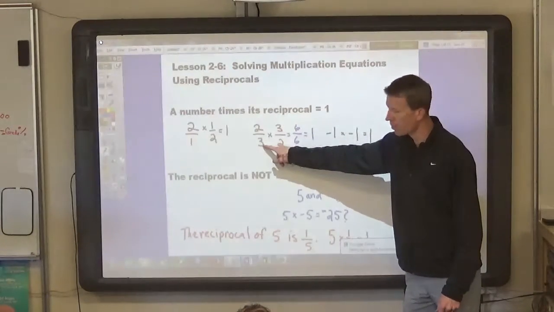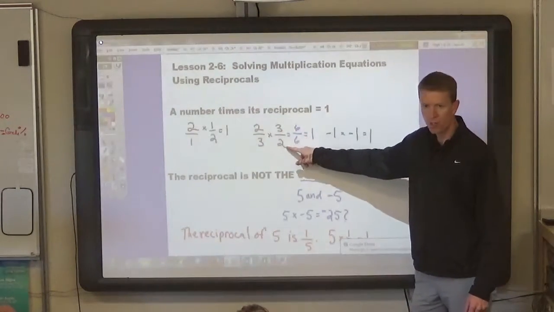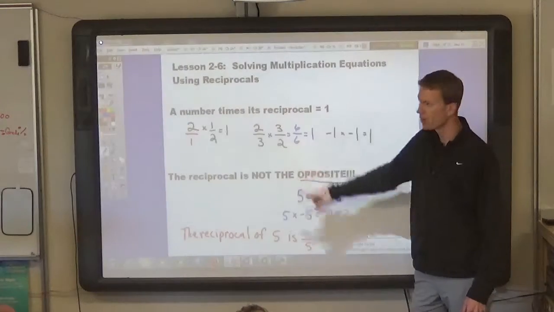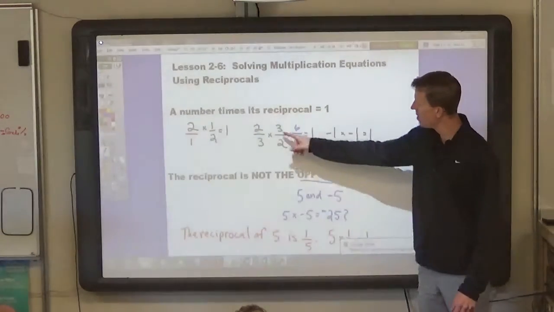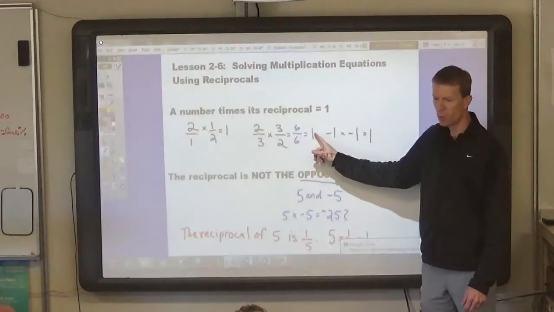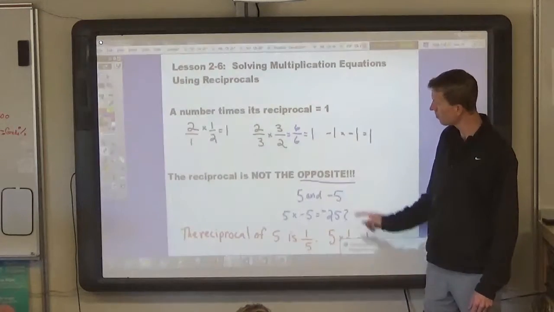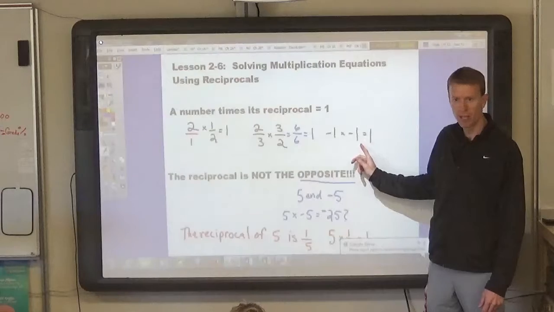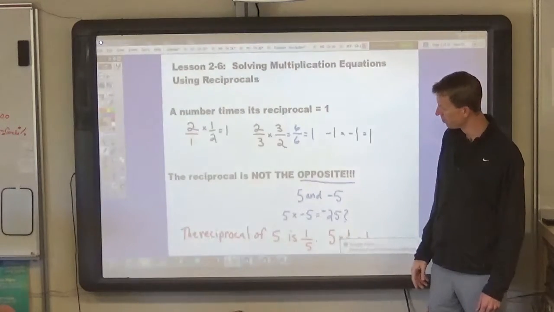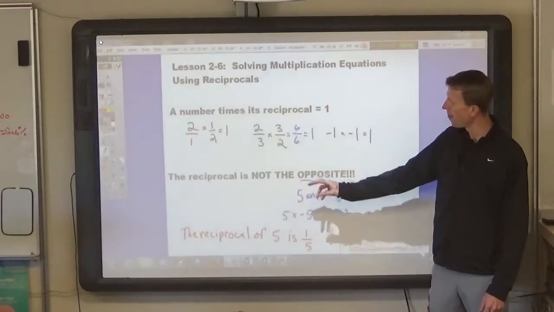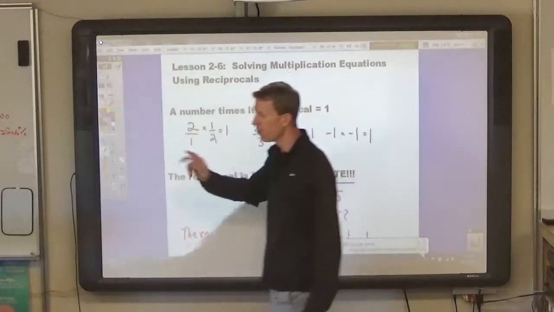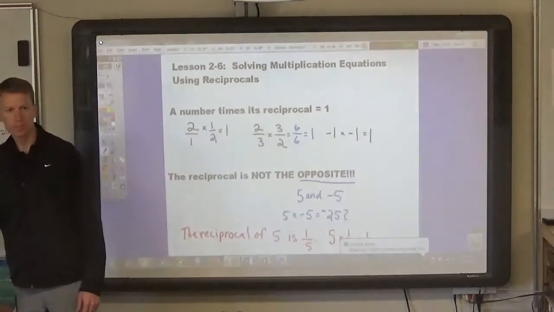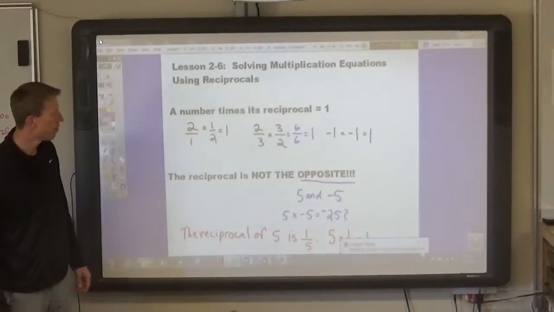So 2/3 and 3/2 are reciprocals because when you multiply them, they equal 1. -1 and -1 are reciprocals because when you multiply them, they equal 1. Okay? So if you have a fraction and you flip it over, you can find its reciprocal.